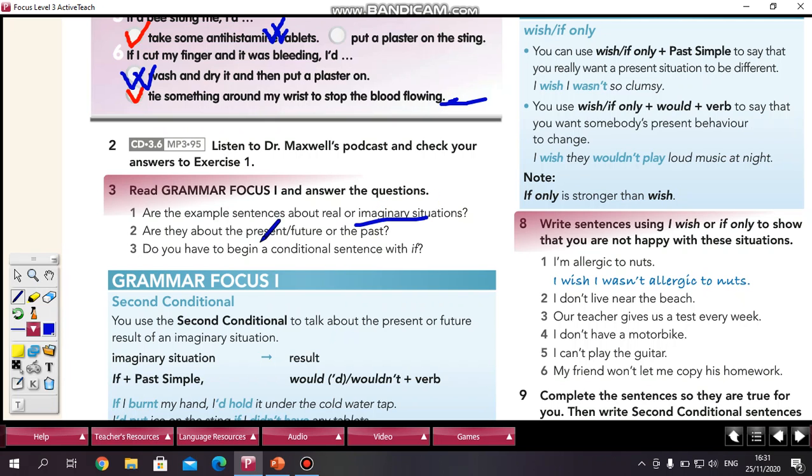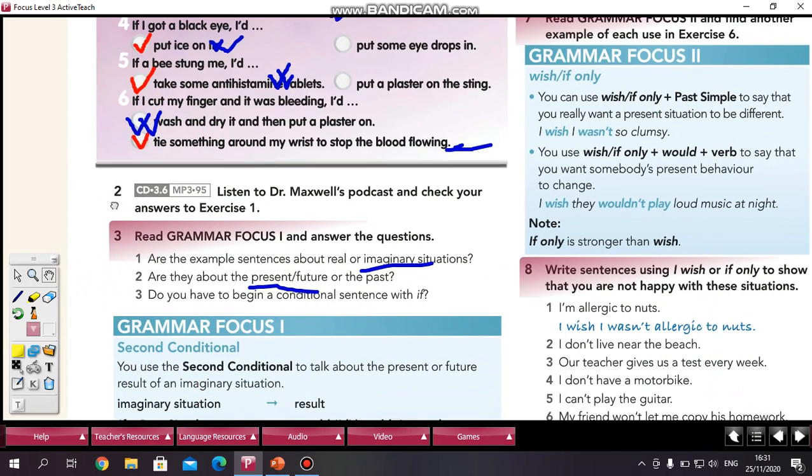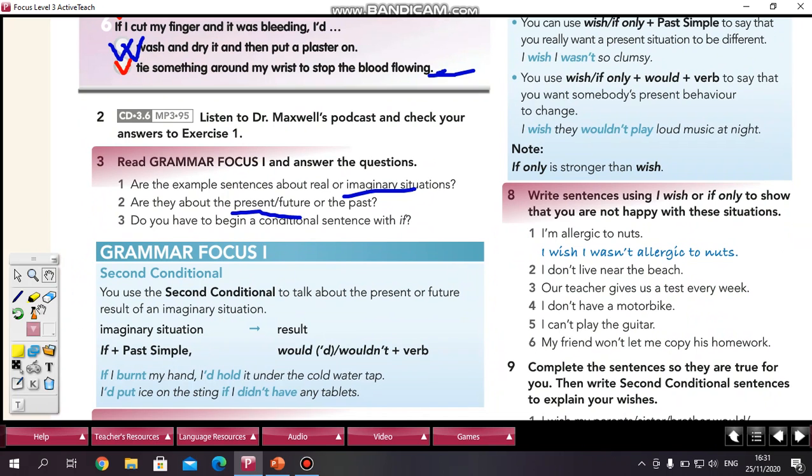Are they about present, future, or past? Definitely they are going to be about present or future. And do you have to begin a conditional sentence with if? According to the one that we have here, we should always begin the sentence with if, but not always.